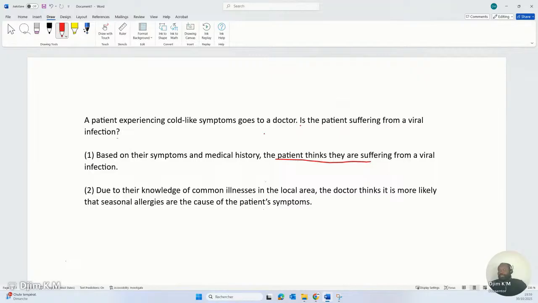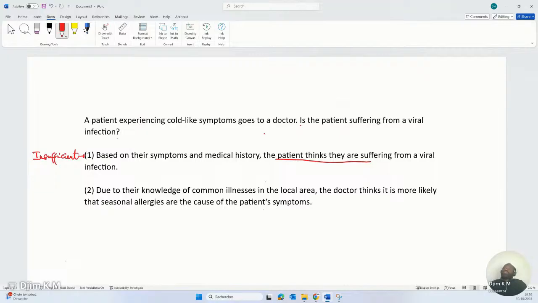Not really, because the patient is not a doctor. So this is not sufficient. It's insufficient to declare for sure that the patient is suffering from a viral infection. If it said that a doctor did a diagnosis and said that indeed the patient is suffering from a viral infection, then this condition would have been sufficient.